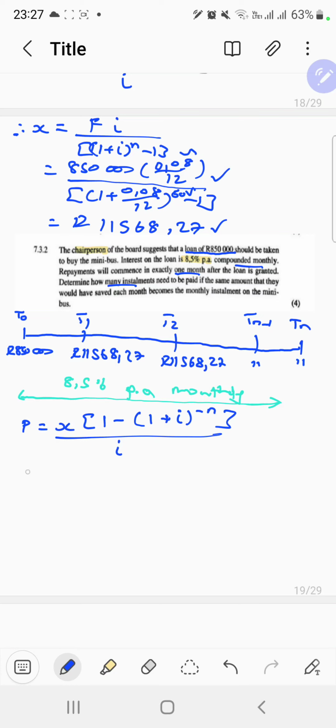Here I'm gonna be quick, guys. What I want is n, so I know here that my n is gonna be minus the log of what? This multiplies the divide by x and taken from 1. So this is going to be 1 minus P times i over x. That is what I know. And then the base here is going to be that expression 1 plus i.